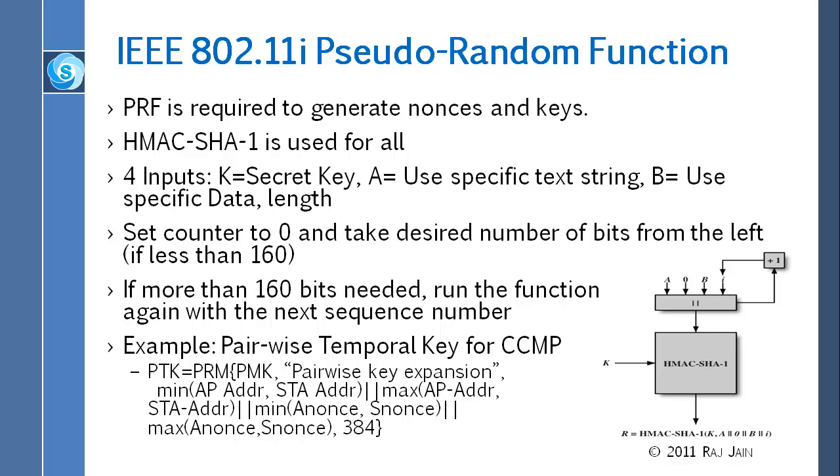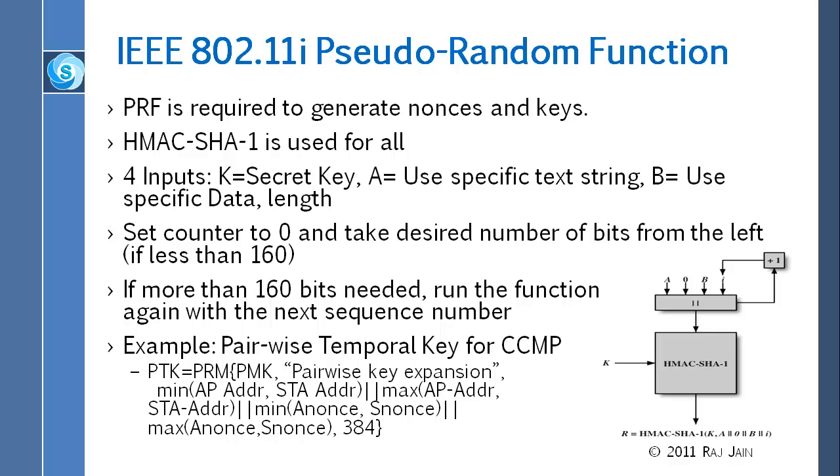So that is the function, which is basically the multiple runs of this. And in each run we will put this bit pattern here in A. We'll put zeros, and then we'll put this bit pattern in B. The bit pattern for B consists of the minimum of the access point address and the STA address, concatenated with the maximum of the access point address and the STA address, concatenated with the minimum of A nonce and S nonce, concatenated with the maximum of A nonce and S nonce.